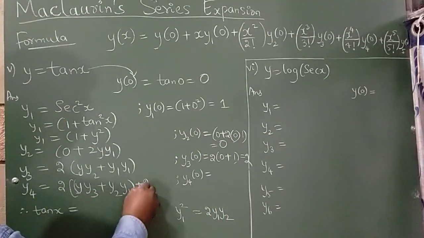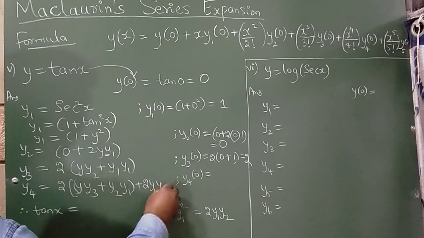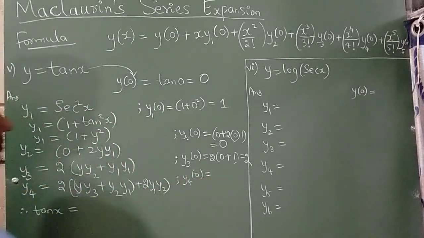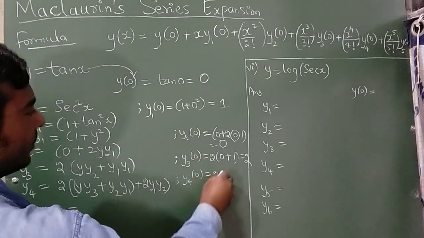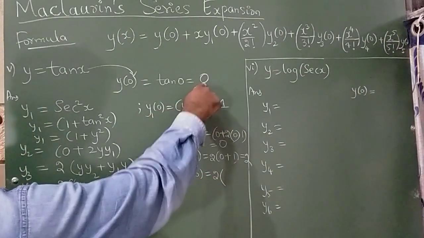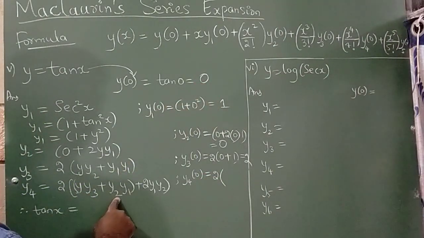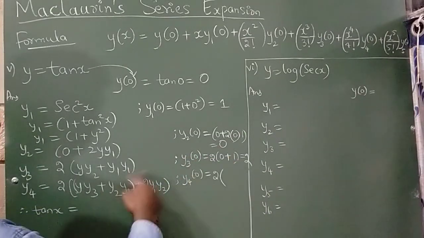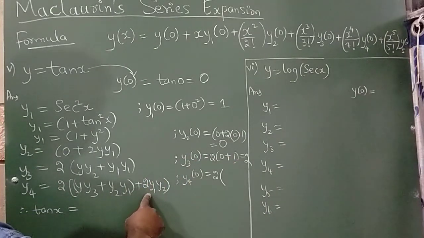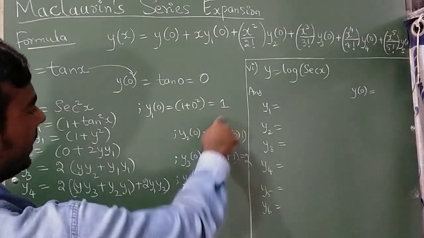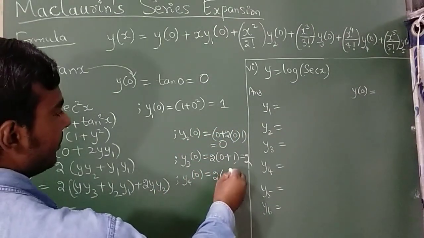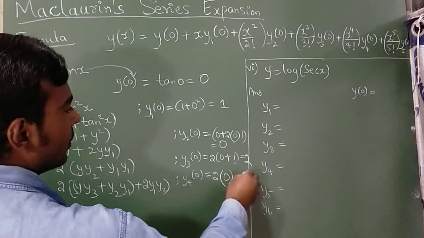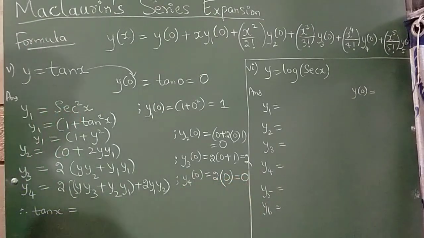So that I will write here 2 y1 y2. Fine. Now 2 I will write here y. What is y? 0. So this term is 0 now. y2 is 0. So this term is 0. So y1 is 1 and y2 is 0. Fine. So y4 of 0 will become 0.